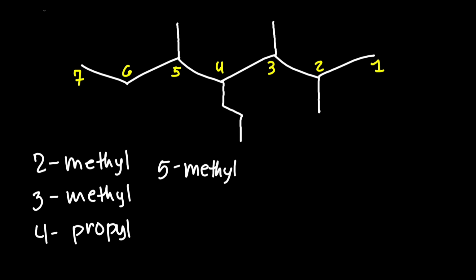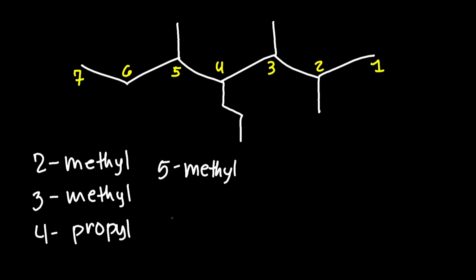Now that we had named our substituent, let us now arrange it in alphabetical order. M here comes first before P, so it would be methyl. But we have 3 methyl here, so it would be trimethyl. But first, let us put all the position.